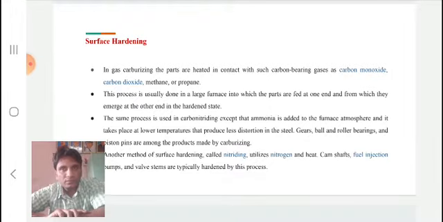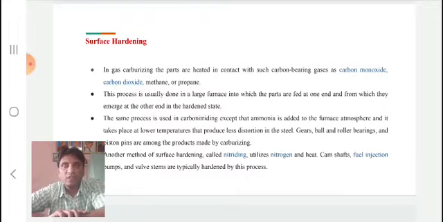Because of this, uneven diffusion of carbon takes place onto the surface of the component. So therefore, different regions of the component will have different surface hardening, just because of uneven diffusion of carbon onto the surface of the steel component.